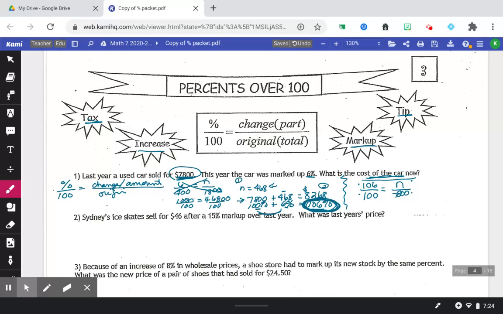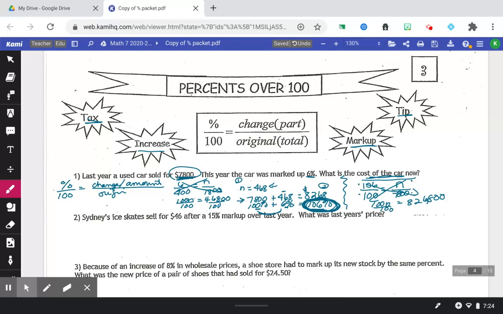Okay, now that you have your proportion set up, you can do your cross products. So we multiply across, you get 100N, multiply across, you get 826,800.